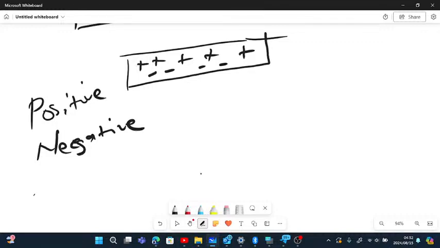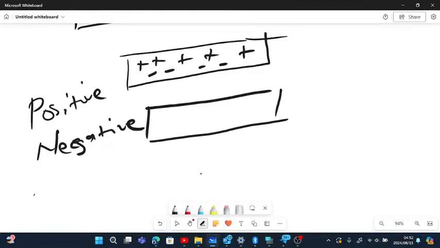So there's an excess of 1 proton, and we say this object is positively charged. For a negatively charged object, if it has about 3 protons, then it will consist of about 4 electrons, and we say this object is negatively charged because of this excess of electrons.